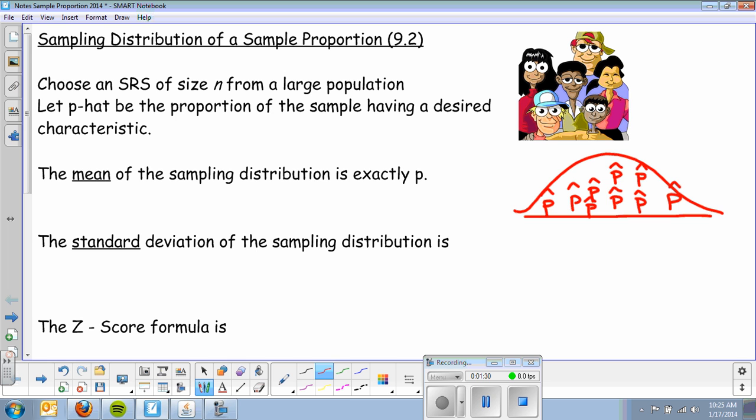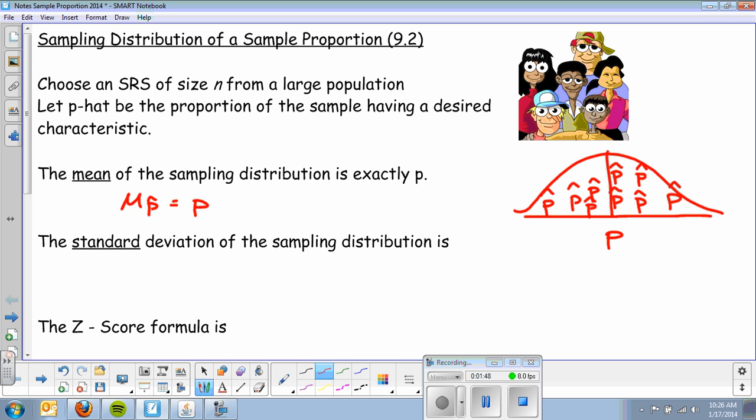I'm concerned with the mean of that, and the mean of the sampling distribution is exactly p. So we call that mu sub p hat. The mean of all the p hats is just p, which again was the true proportion of people that believe in ghosts.